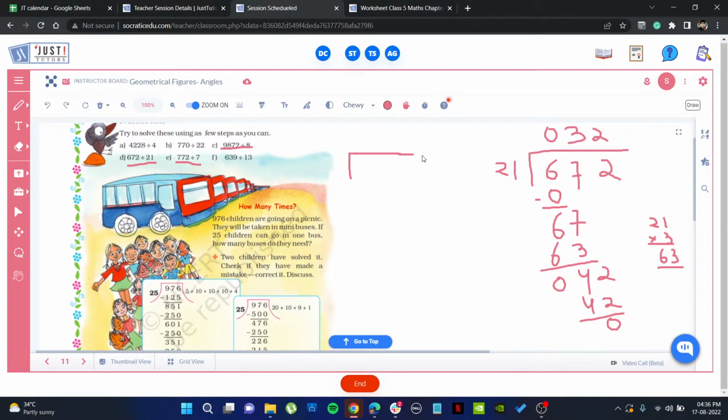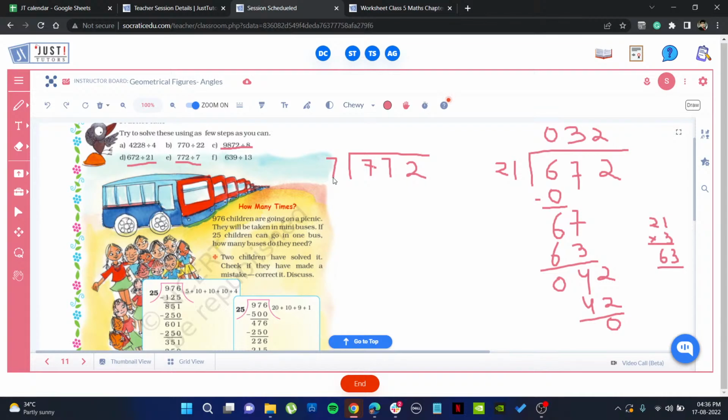Let's write it first. 772 is getting divided by 7.